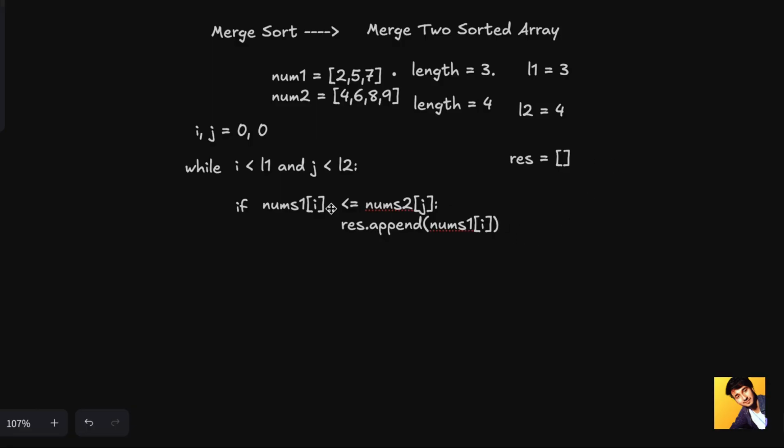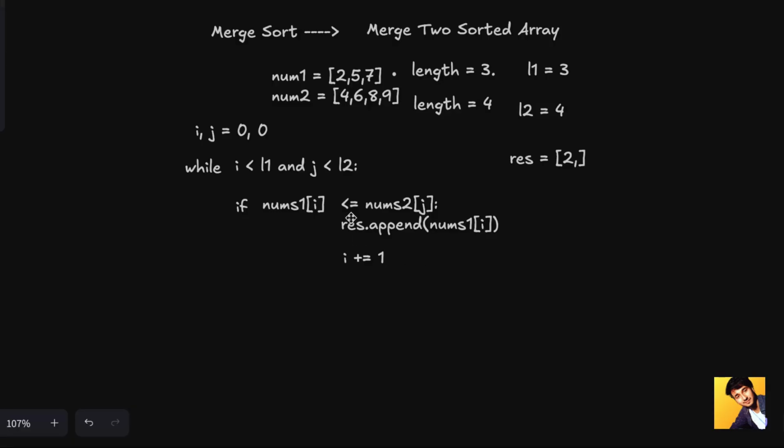Here we have got this 2, so now we can increment. i can point to 5 now. 2 is already processed, so we do i plus equals 1.